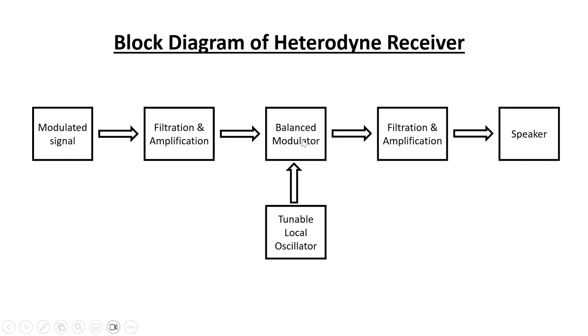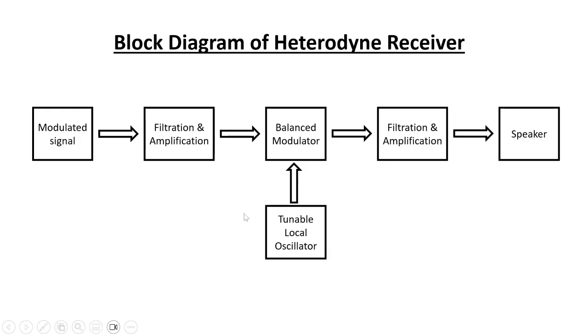Then we have a balanced modulator. You know that in AM signals, a balanced modulator is used to convert the signal into an upper band and a lower band. So here comes the local oscillator wave. It is a tunable local oscillator, so we can adjust the carrier frequency from here.